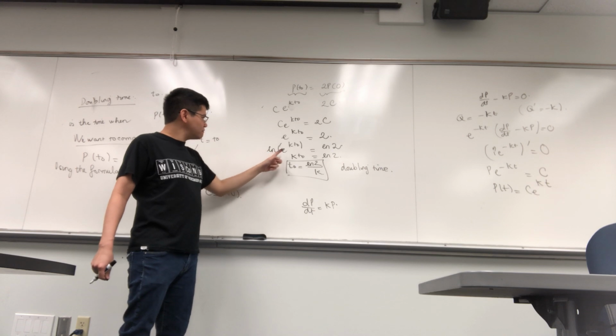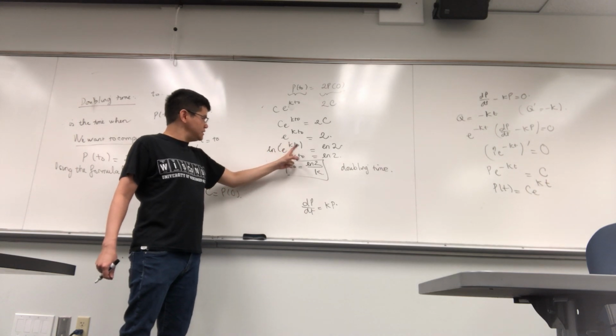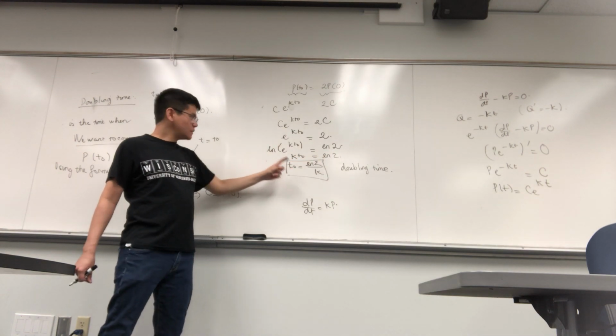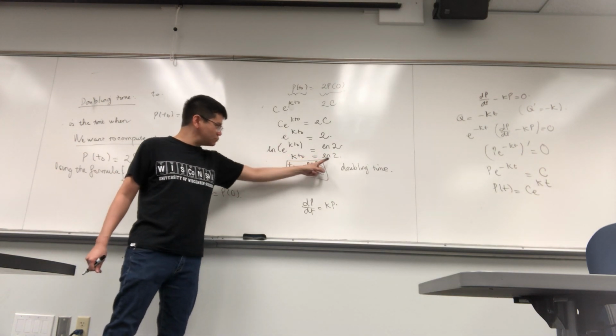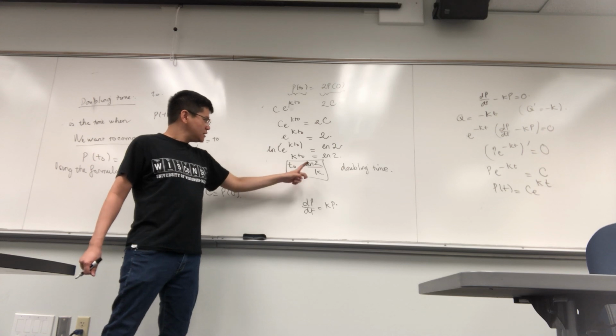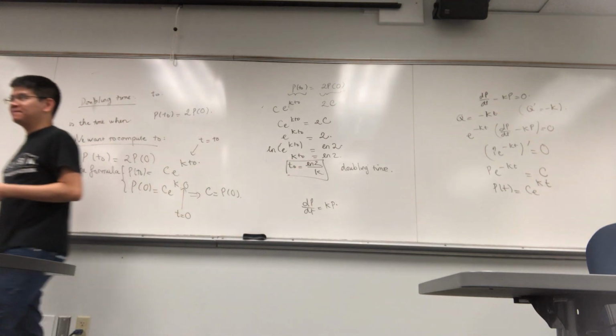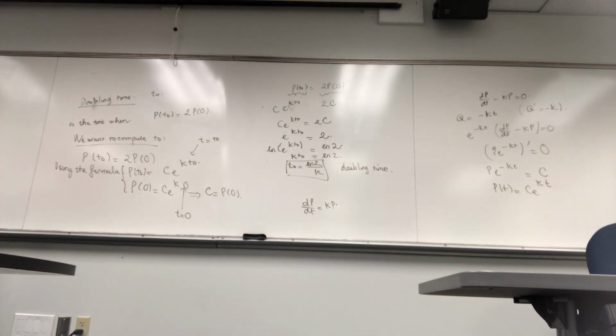I have kt0 is equal to log of 2. I divide both sides by k. So t0 should be log 2 over k. So this is the doubling time, which is the time for which the population is double. Questions? It's clear?